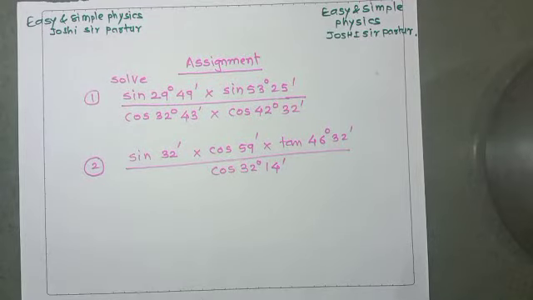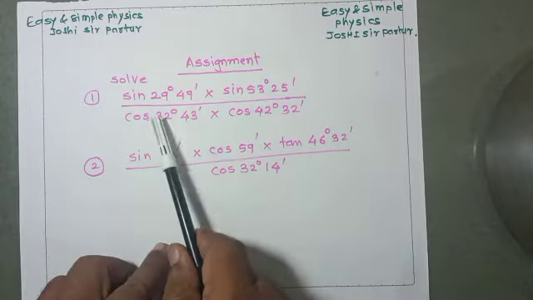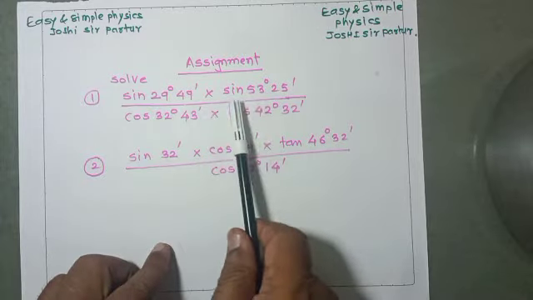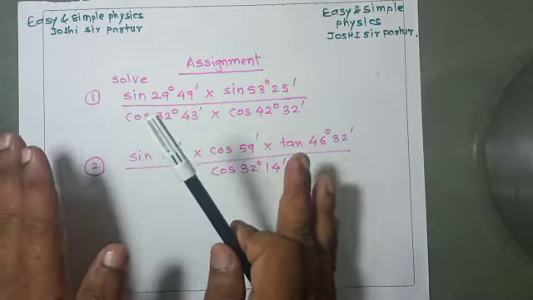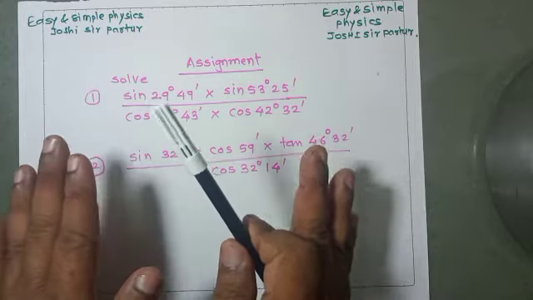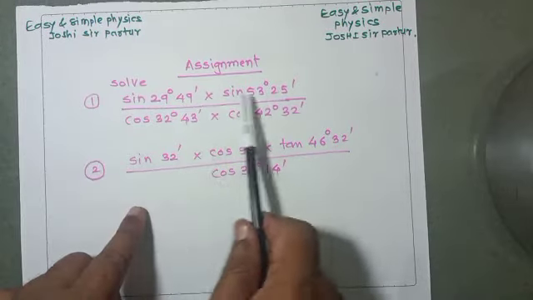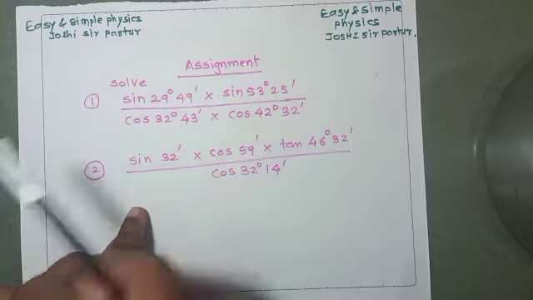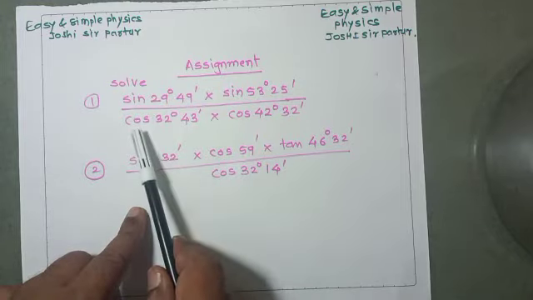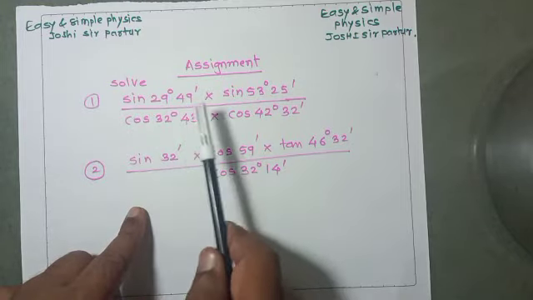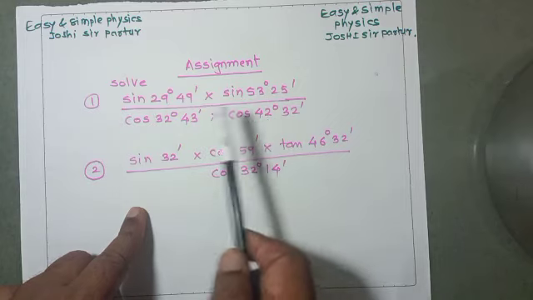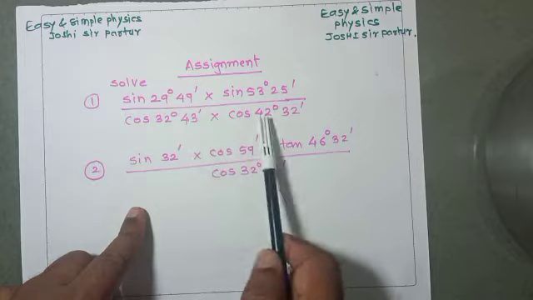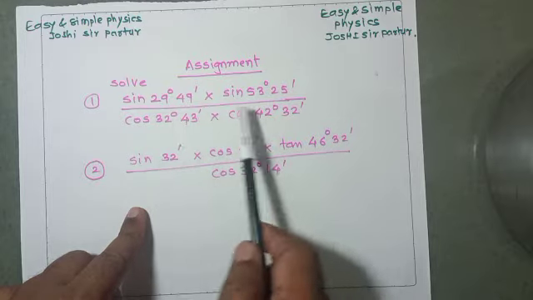See here, the question is sine of 29 degree 49 minutes multiplied by sine of 53 degree 25 minutes. The easy way is to use log sine, and since multiplication is there, first of all add. Then the denominator cos 32 degree 43 minutes multiplied by cos 42 degree 32 minutes, using logarithm cosine, then add.